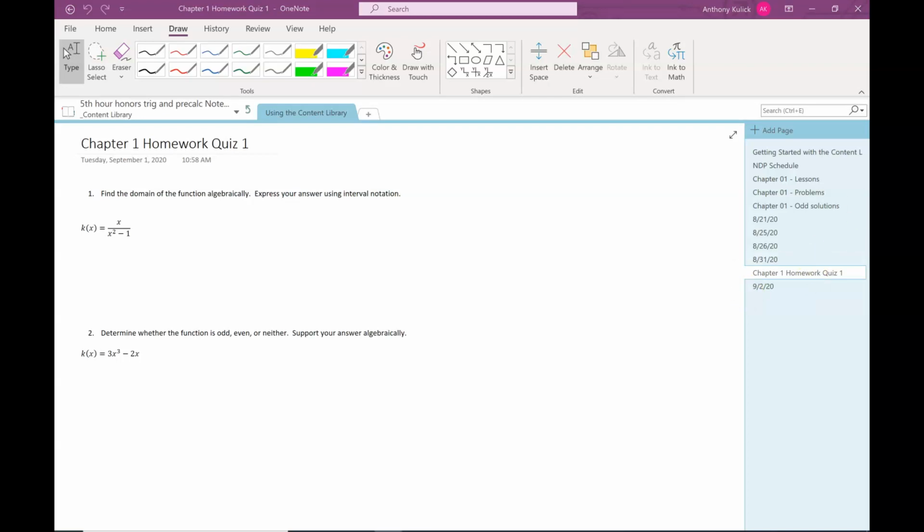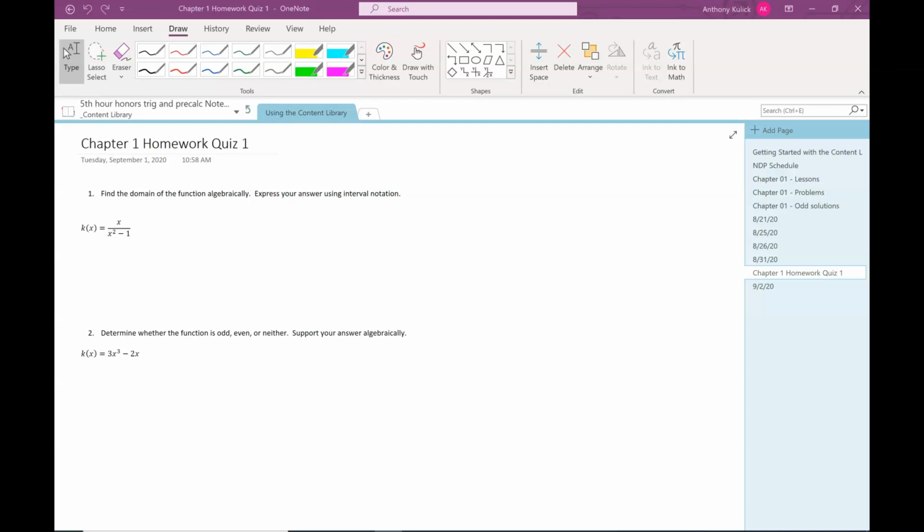Just two problems. Yep. The idea with the homework quizzes is just a couple of minutes. I don't want to take all day doing one of these things. You know what I mean? Anywhere in your section of the notebook is fine to put it.